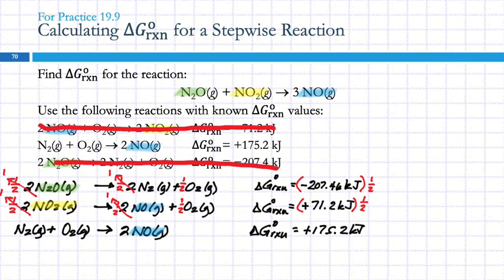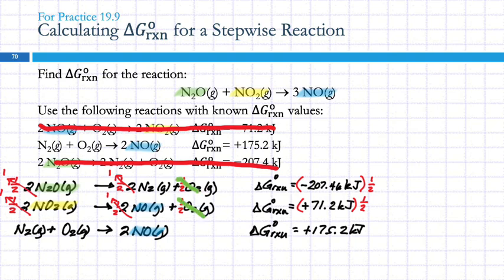So when I add these together, I've got 1 NO here and 2 NOs here. That gives me 3 NOs, right? Let's look at what happens with these things that we want to go away. Here I have 1/2 mole and 1/2 mole. That's a total of 1 mole of oxygen, and I have 1 mole of oxygen over there. This is 1 mole of nitrogen, and there's 1 mole of nitrogen over there.